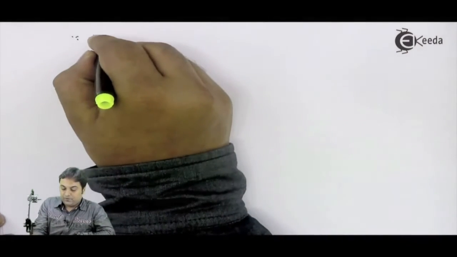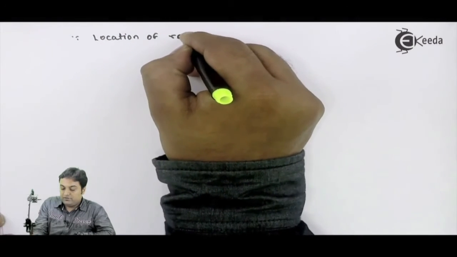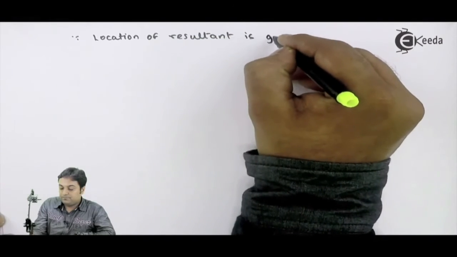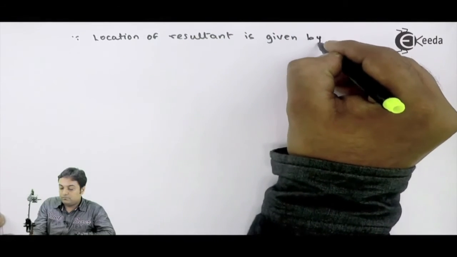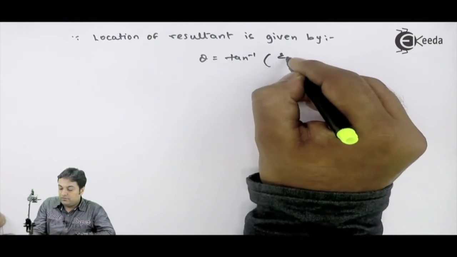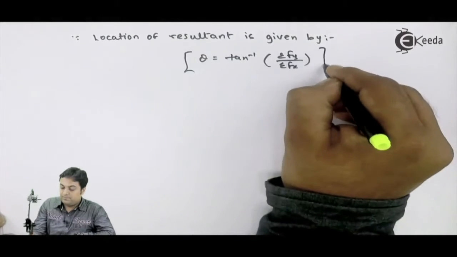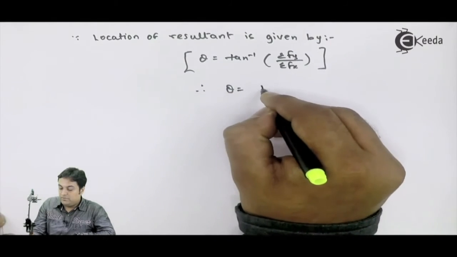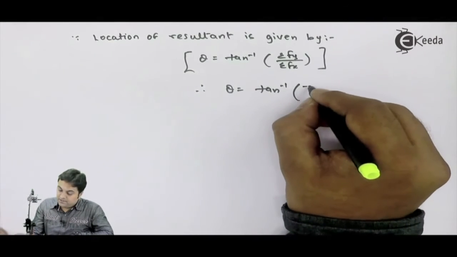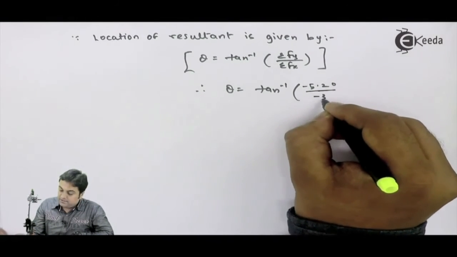The location is given by theta equal to tan inverse of summation Fy upon summation Fx, which is tan inverse of minus 5.20 over minus 3.